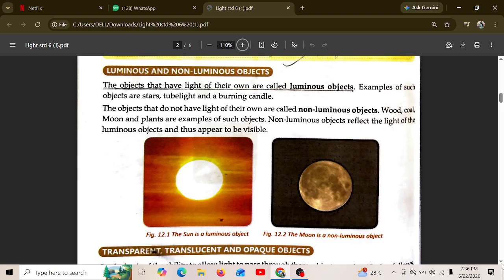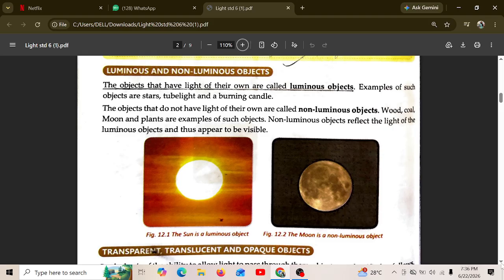What do we understand by the words luminous and non-luminous? The word luminous is derived from the word illuminating or illumination. So what is the meaning of illuminating? It means giving off light or spreading light.